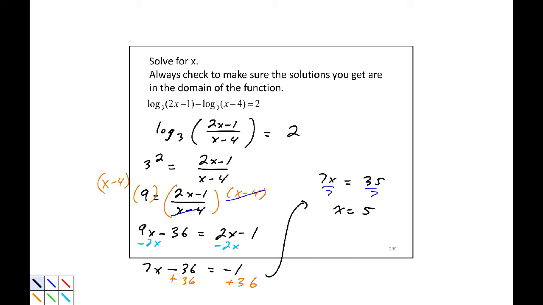Now I didn't check my domains of these two individual logs earlier. This first one, 2x minus 1, is greater than 0 whenever x is greater than 1/2. And the second one, x minus 4, is valid when x is greater than 4. And since 5 is greater than 1/2 and 4, x equals 5 is a valid solution.